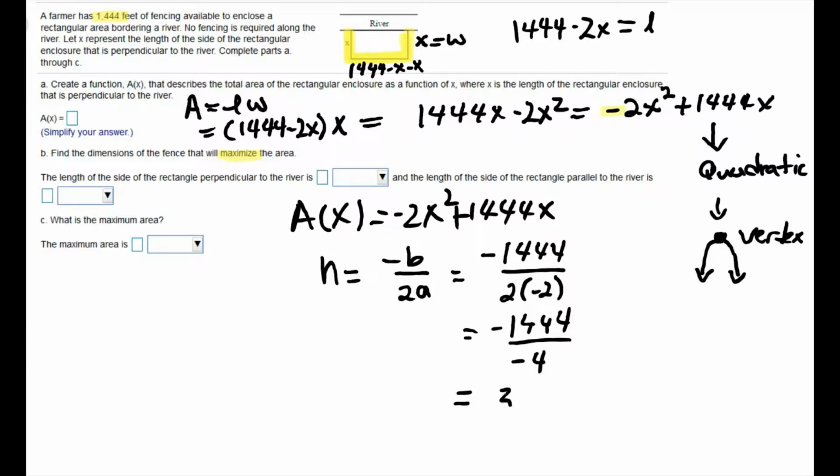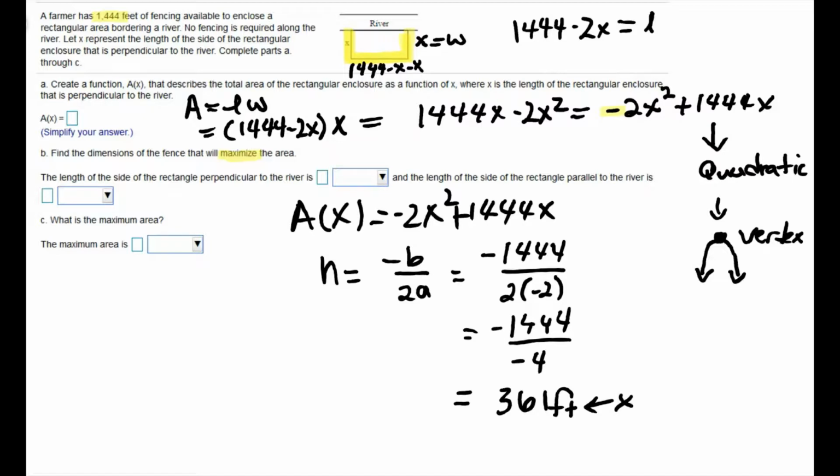So that gives me 361, and the units on this one are feet. So having length, I guess this is x, having one side being 361 feet gives us a maximum area.